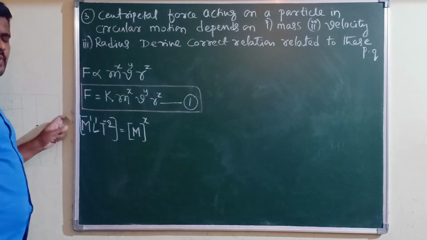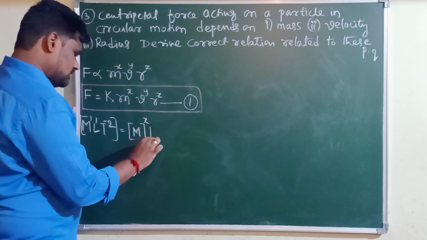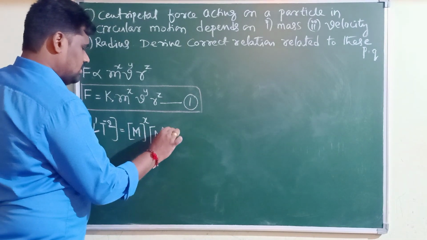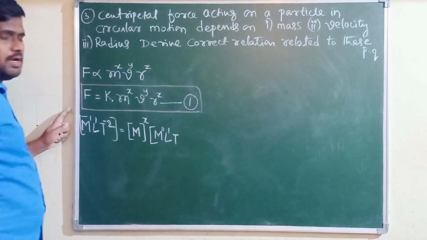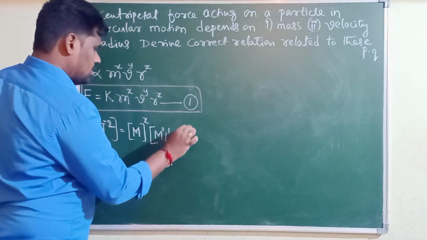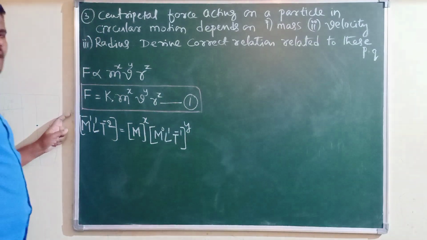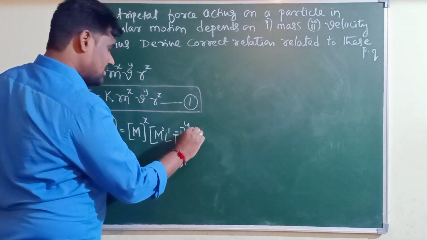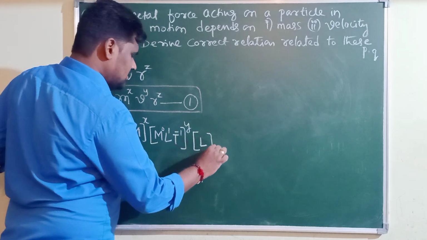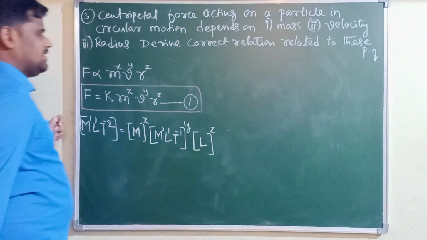V power y, velocity. What is the dimensional formula for velocity? M0 L1 T power minus 1 to the power y, r power z. R is nothing but a radius. Radius is nothing but length. Length to the power z.